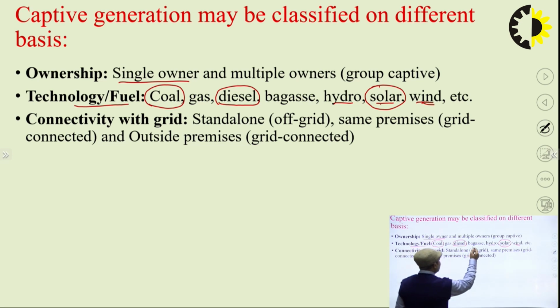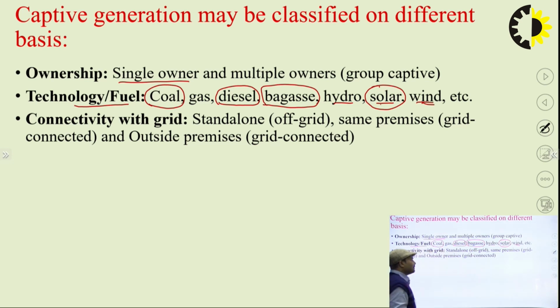So it is also one type of generation. Bagasse is also used in a kind of thermal power plant, because it is used as a fuel to heat up the water and convert the water into steam.